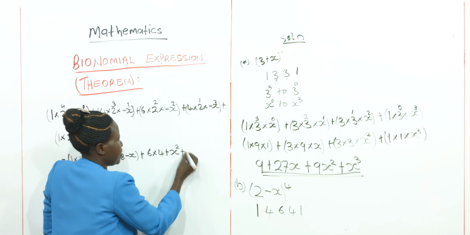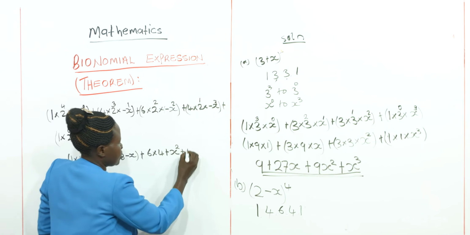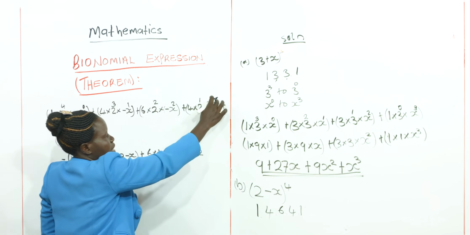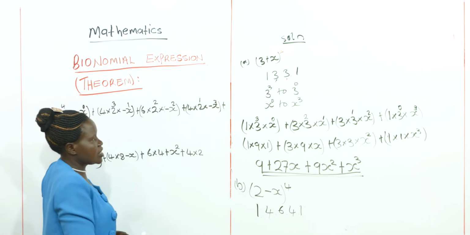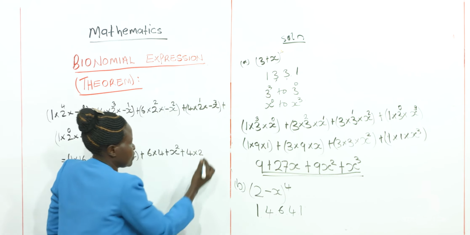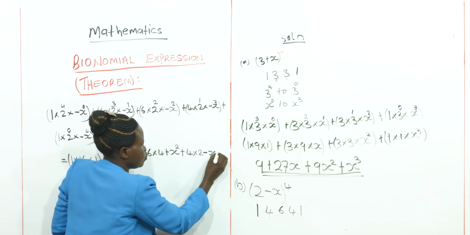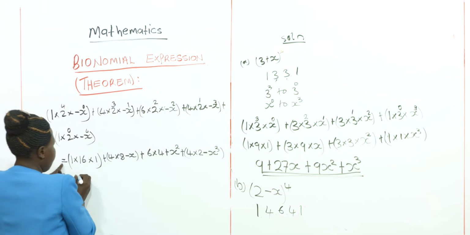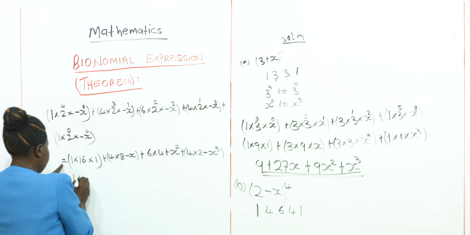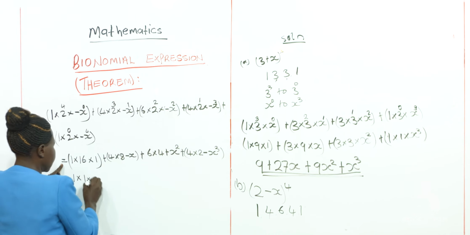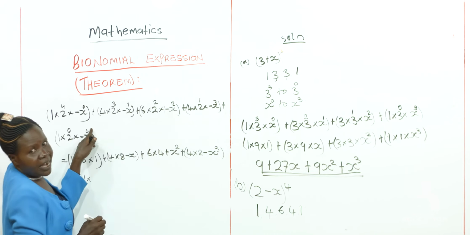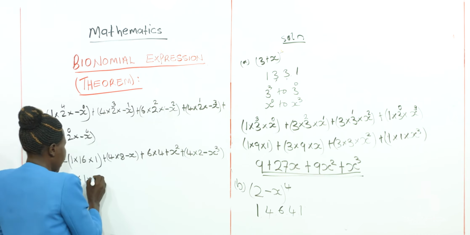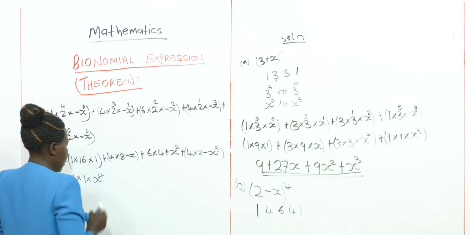Squared. And then plus 4 times 2 times x raised to 3 is negative x times negative x times negative x, which will give us negative x cubed. And then lastly we have 1 times 1 times negative x raised to an even number, it will give us positive x to the power 4.